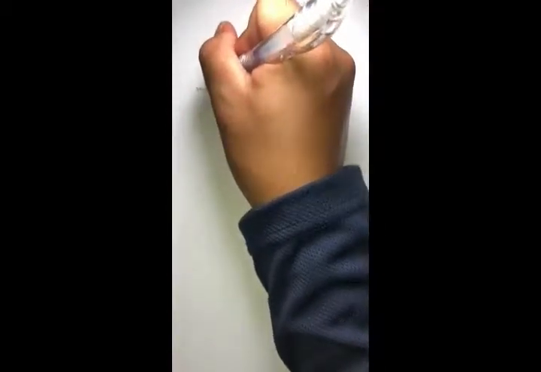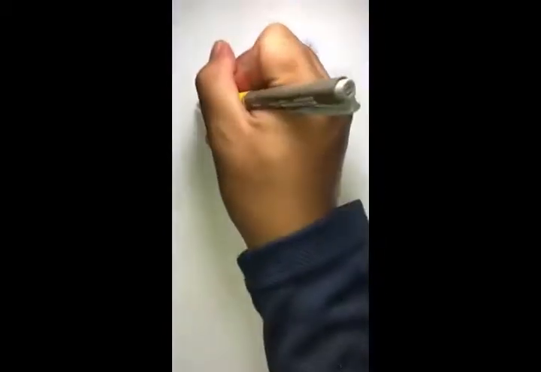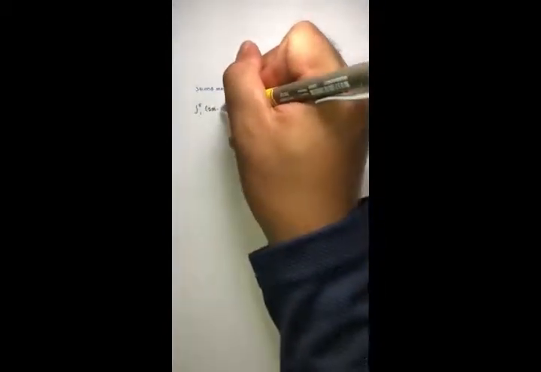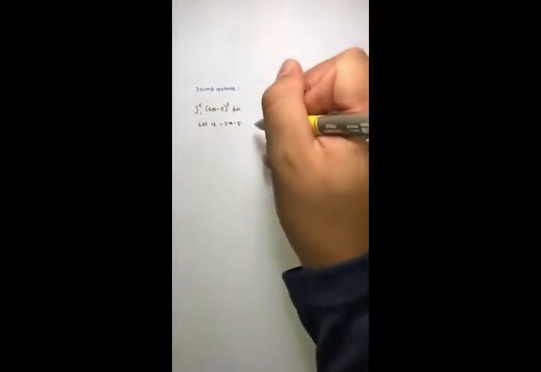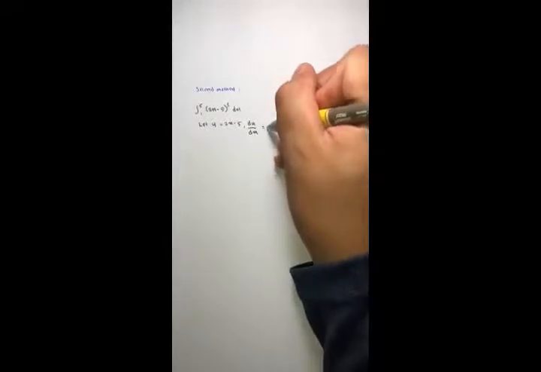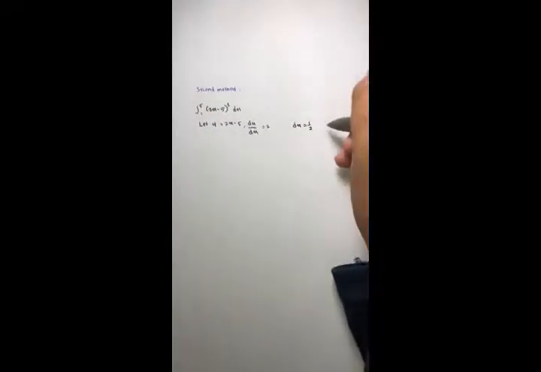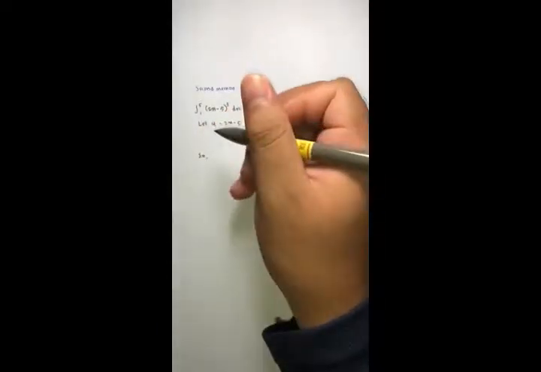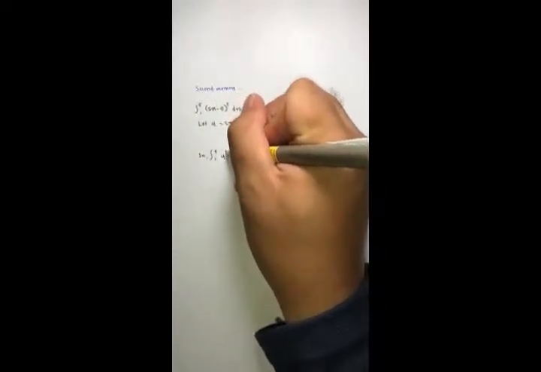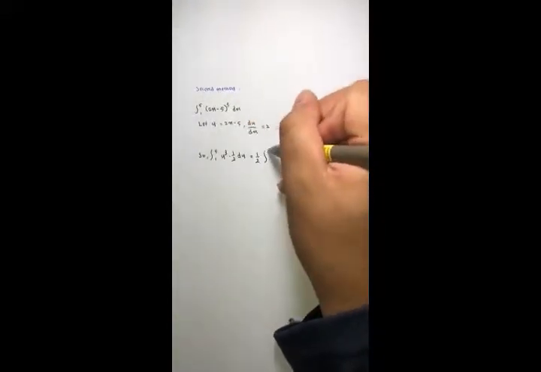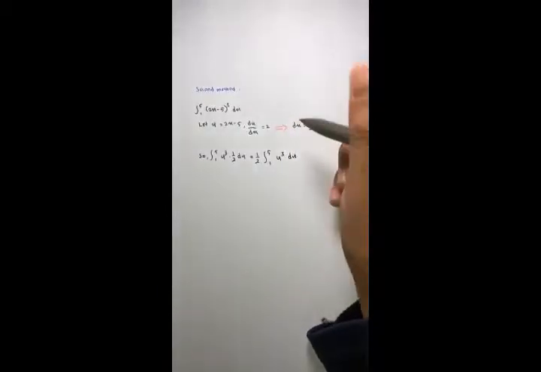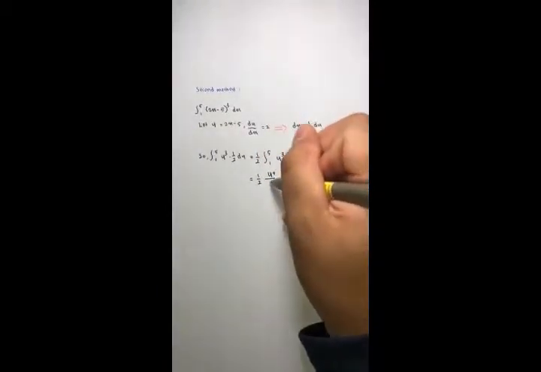Okay, for the second method, we use the same question. For the question, we let u be the same as in the first method. Then we get dx equal to 1 over 2 du. So we rewrite it as the integral of u cubed times 1 over 2 du. And then we integrate it.